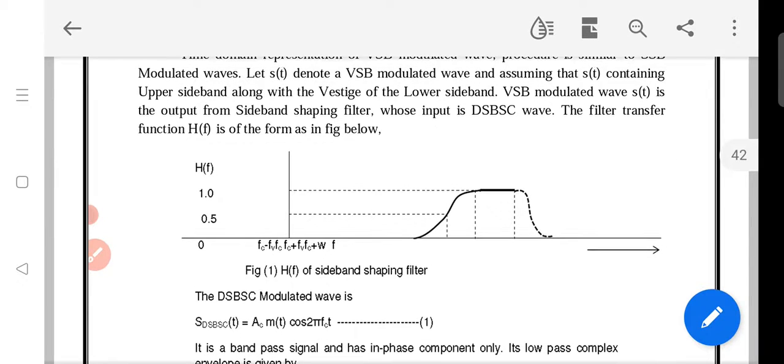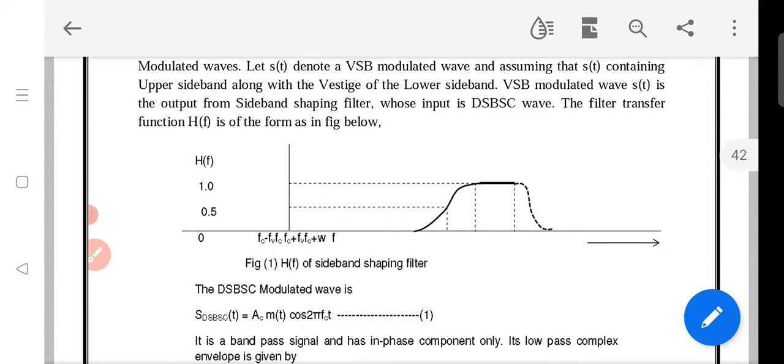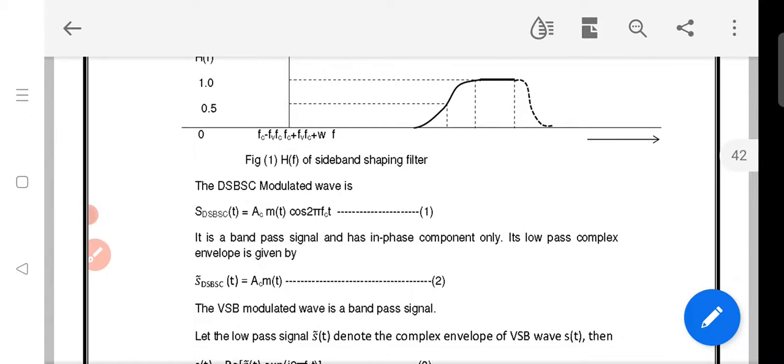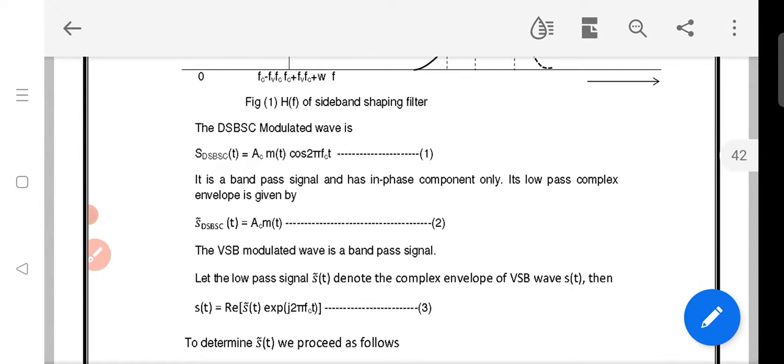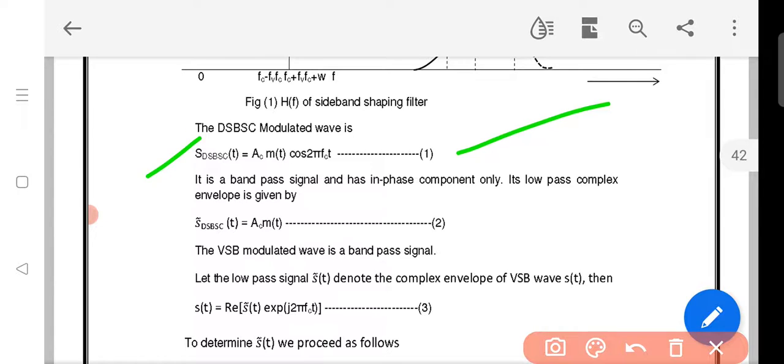In the time domain description, these fc terms are the frequency domain representation obtained by applying the Fourier transform to our basic equation. This is the DSB-SC signal Ac into m of t into cos 2 pi fc t, because m of t is the message signal and Ac cos 2 pi fc t is our carrier signal. The multiplication of these two is called DSB-SC.